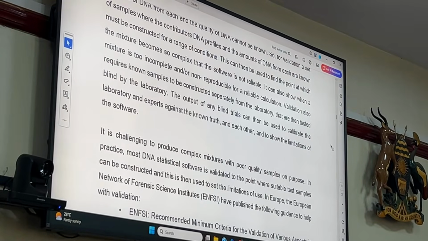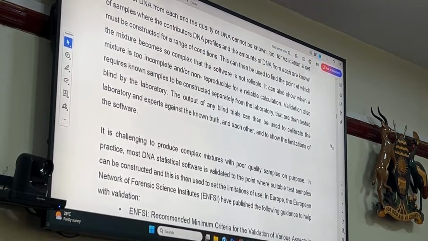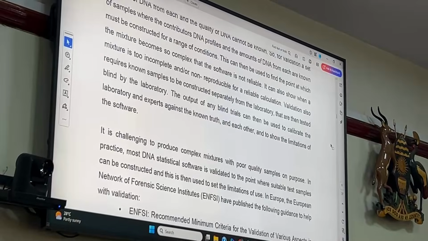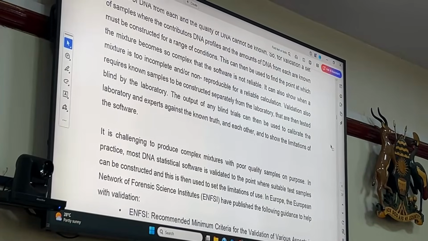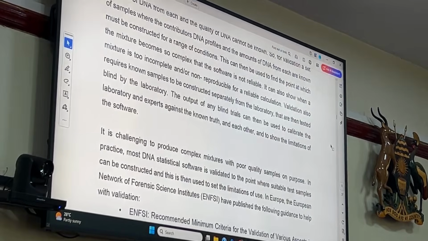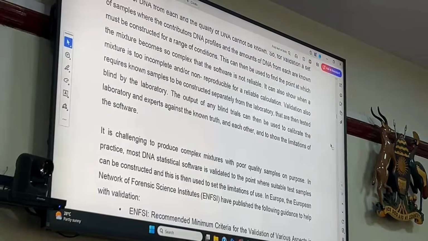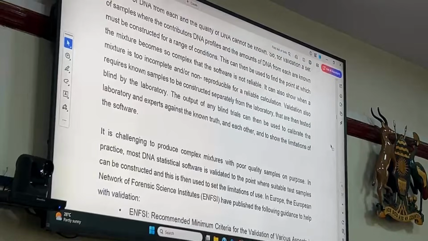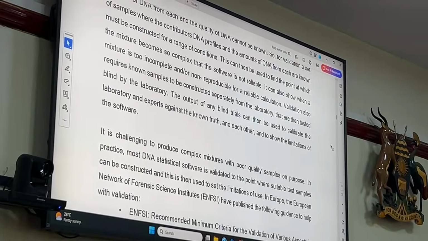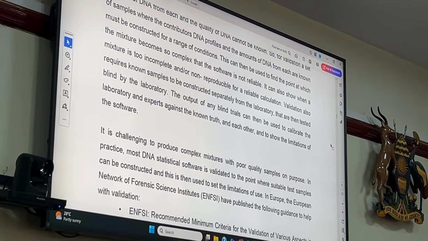And the added complication in this case is the fact we are dealing with close biological relatives. And I can see no evidence that the software at the time of its use was able to robustly compensate for close relatives.